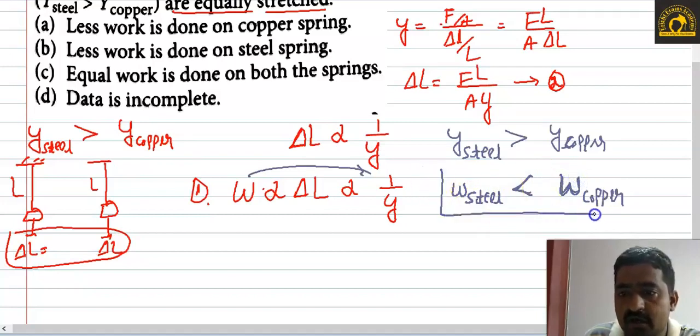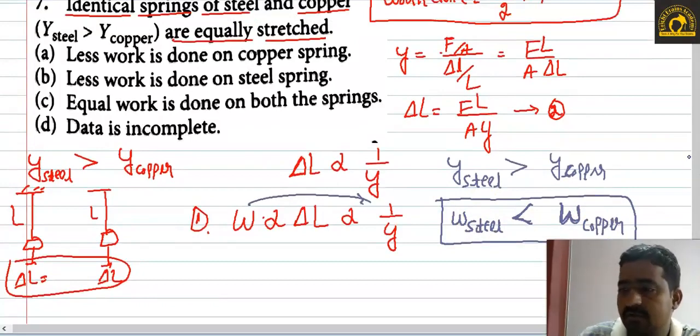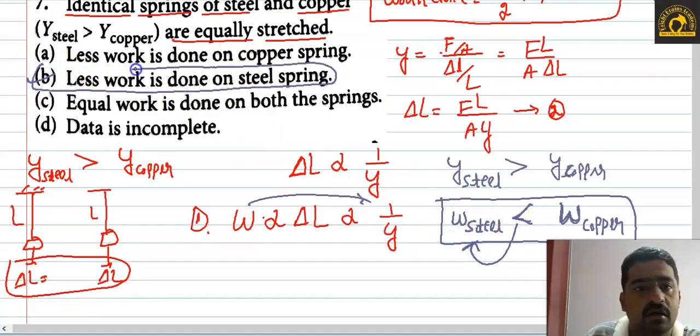So the answer for this question is that work done for the copper is more. Less work done in steel. So look at this one: less work done in the steel, that is option B, the right answer for this question.